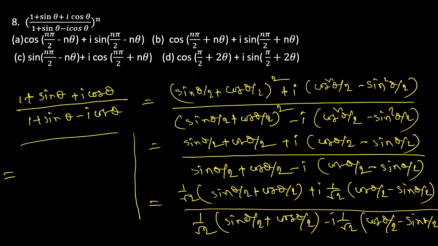Now 1 by root 2 (sine theta by 2 plus cos theta by 2), we can write as cos (pi by 4 minus theta by 2).